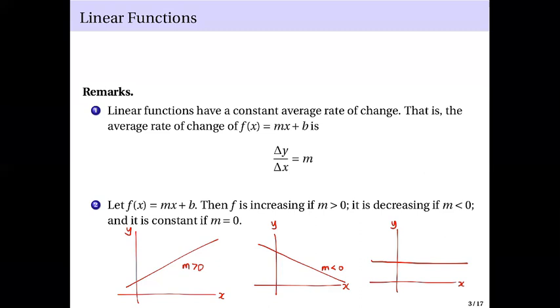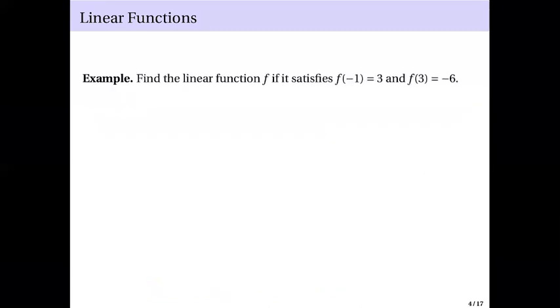So let's work on some examples here. Find the linear function f if it satisfies f of -1 equals 3 and f of 3 equals -6. To do this, we have the following. We know that since this is a linear function, f of x must be of the form mx plus b.